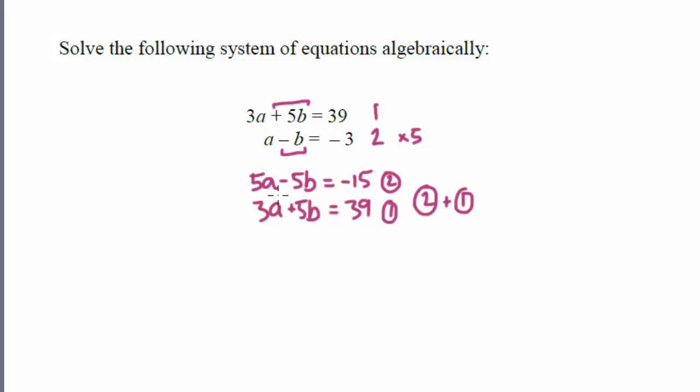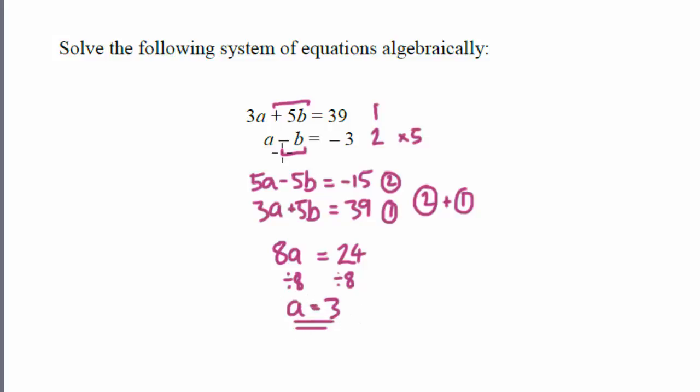So 5a plus 3a gives us 8a, minus 5b plus 5b is 0, and that's equal to 39 minus 15, which is 24. Now we have to think, 8 times what equals 24? If we divide both sides by 8, we'll find a takes a value of 3.